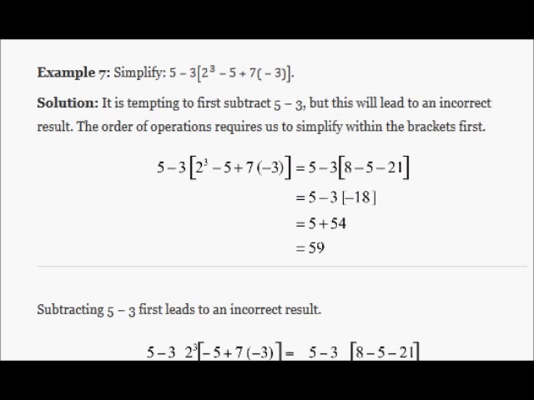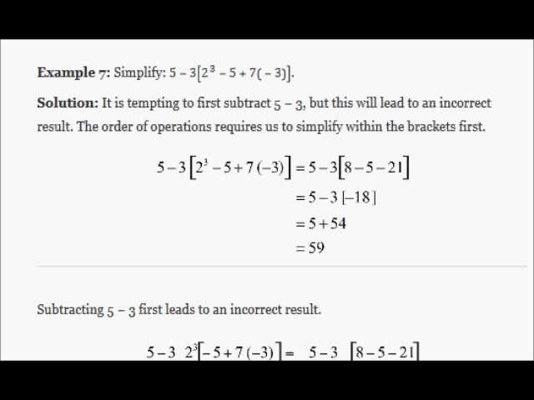So now we have 8 minus 5 plus negative 21. 8 minus 5 is just positive 3. Adding negative 21 is the same as subtracting positive 21. Right? So 3 minus 21 is negative 18. So that's everything inside the bracket.